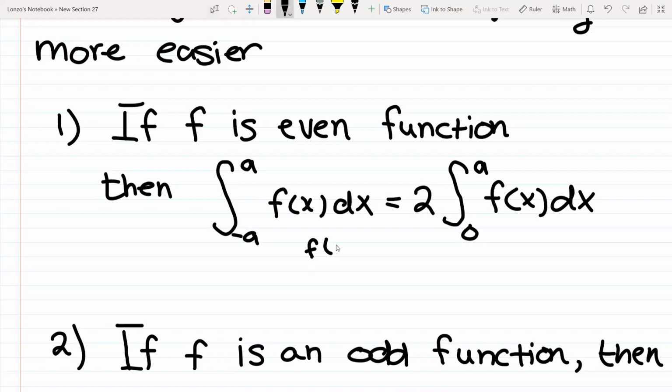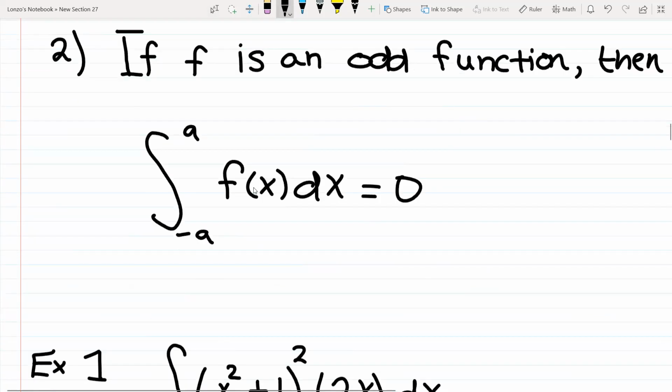If you plug in a negative x and your outcome is positive f of x, that's even. And if you have an odd function, you can apply this rule, and just note that odd is symmetric to the origin. The rule for symmetric to the origin is f of negative x gives you an outcome of negative f of x. I will explain those when we do an example.